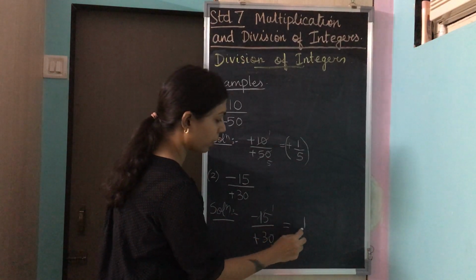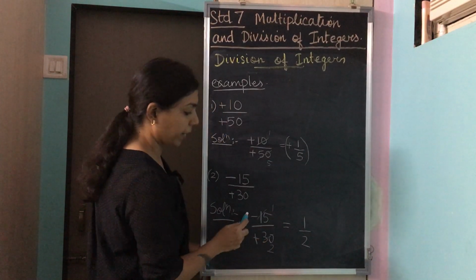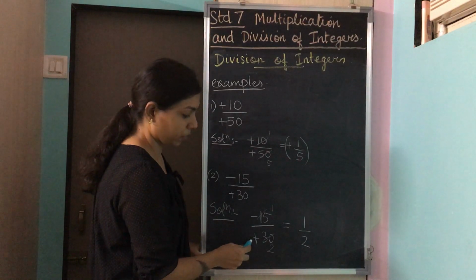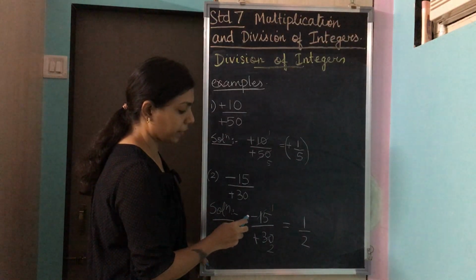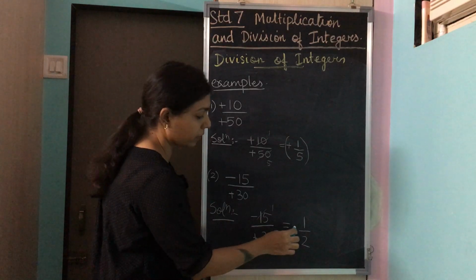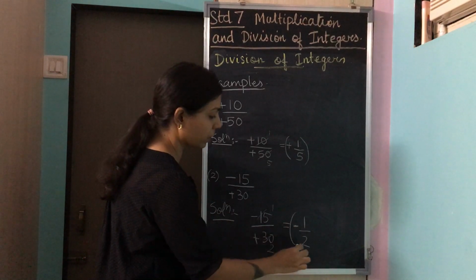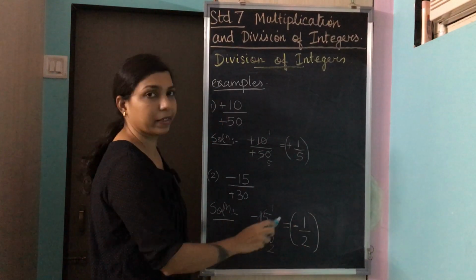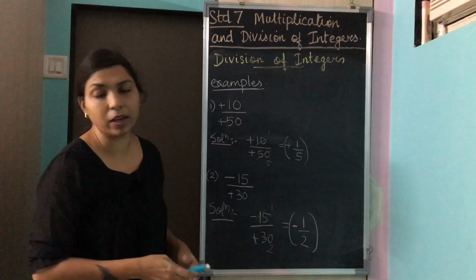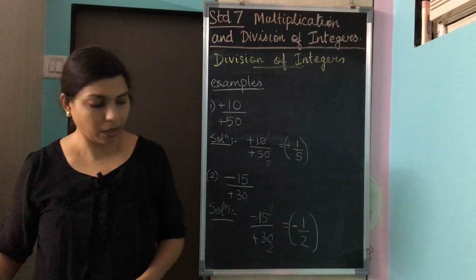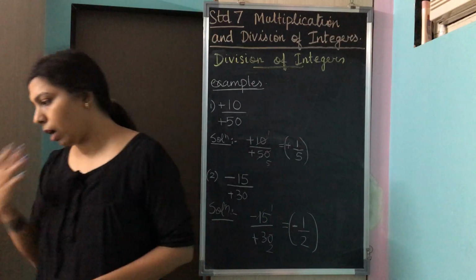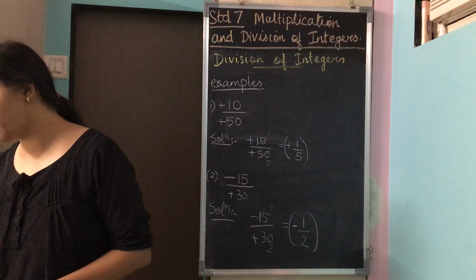So it's going to be 1 upon 2. Negative upon positive: when I divide a negative number by a positive number, my answer is going to be negative. So my answer is minus 1 upon 2. In this way, students, I want you to complete your exercise.